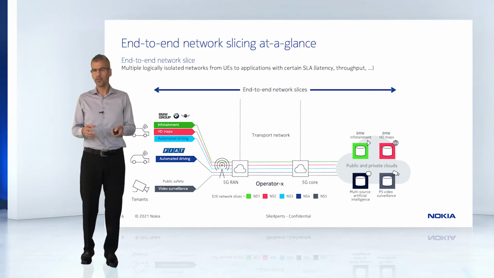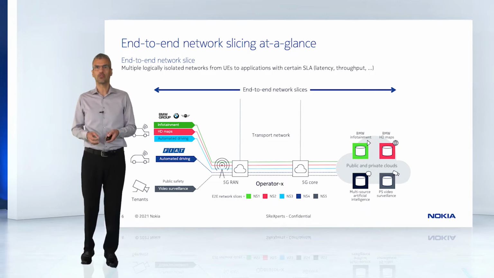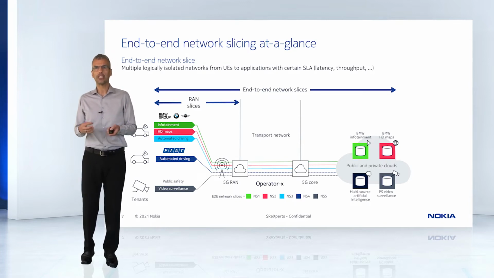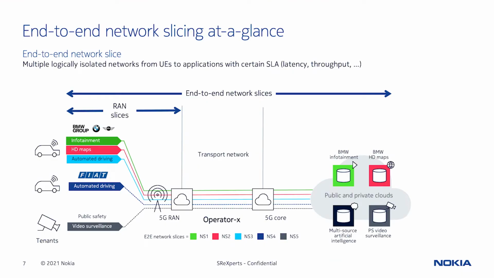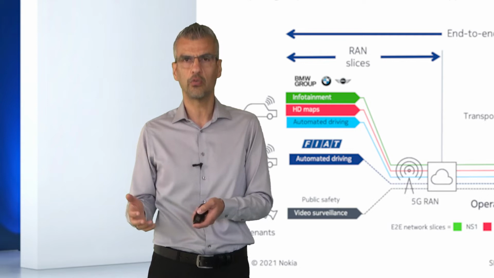From the operator perspective, when it wants to create each of these end-to-end network slices, they have to create first the RAN slice, meaning in the context of each of these end-to-end network slices, they have to create a personality, a characteristic in the RAN equipment. Depending on your RAN equipment, that network function could be eNodeB, gNodeB, DU, or CU, for example.